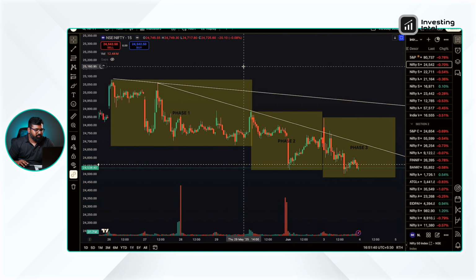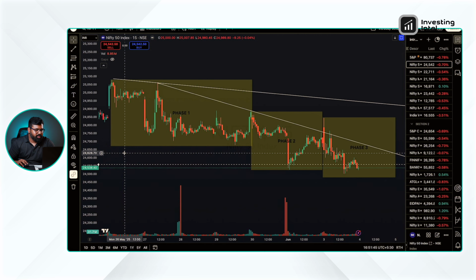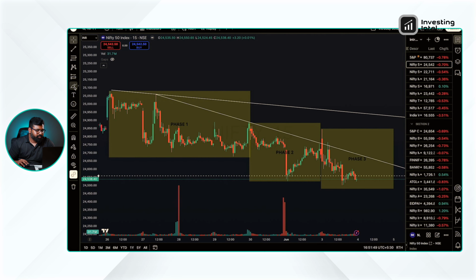As you can see, this is the Nifty 15-minute chart. I am showing the 3 phases of the acceleration. In the first phase, as you can see, the pullback is deep. See the trend, this is the downtrend, the pullback is big. Same way, there is a consolidation here, and see the pullback.